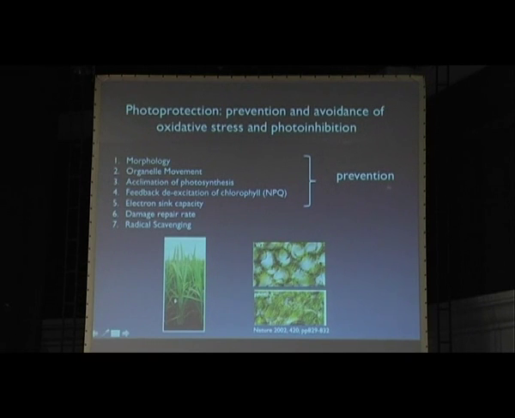So I refer to all of these things as prevention of photoinhibition and prevention of photooxidative stress. And these two down here, damage repair rate and radical scavenging, are very important. Particularly the rate of repair of photosystem 2 is thought to be critical in determining the amount of photoinhibition.